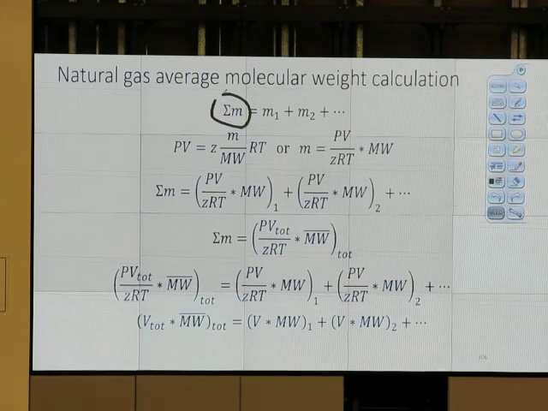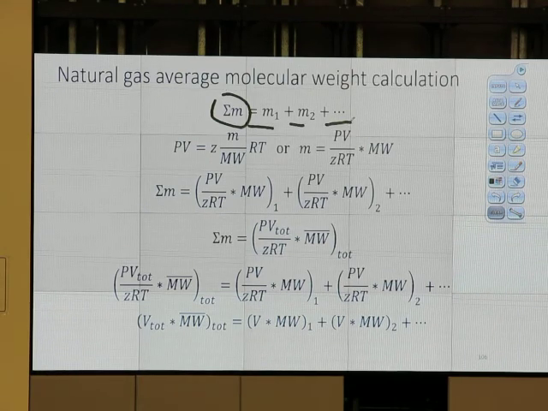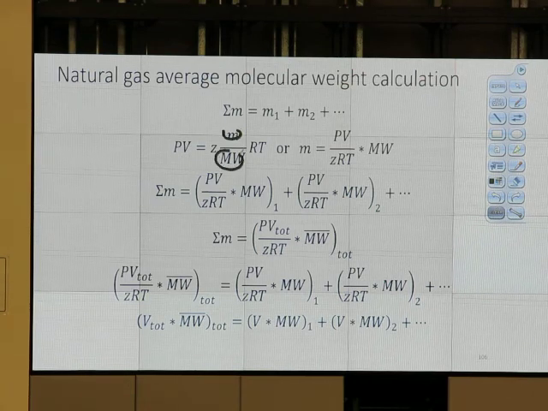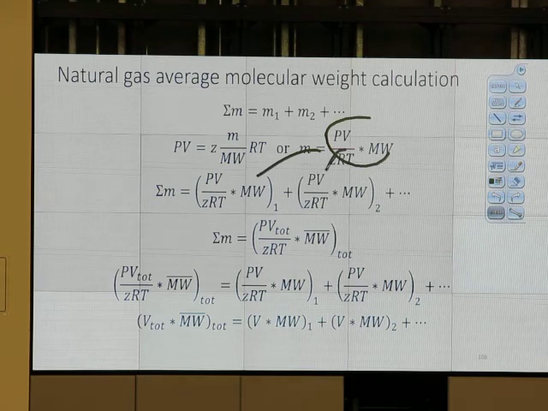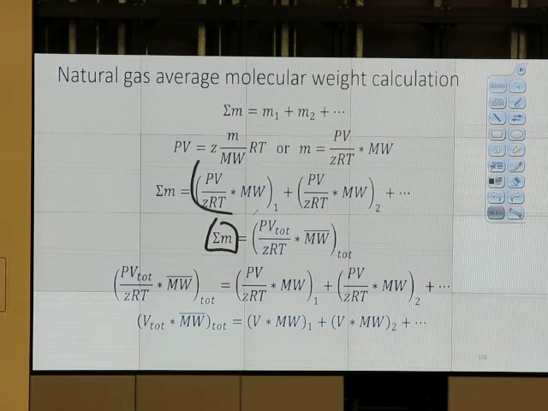Summation of total mass is mass 1 plus mass 2 plus and so on. PV equals Z, mass over molecular weight, multiplied by RT. So mass over molecular weight is n, the moles, right? So mass is PV equals ZRT multiplied by molecular weight. Put this over there. Then we have summation of mass equal to summation of all this.